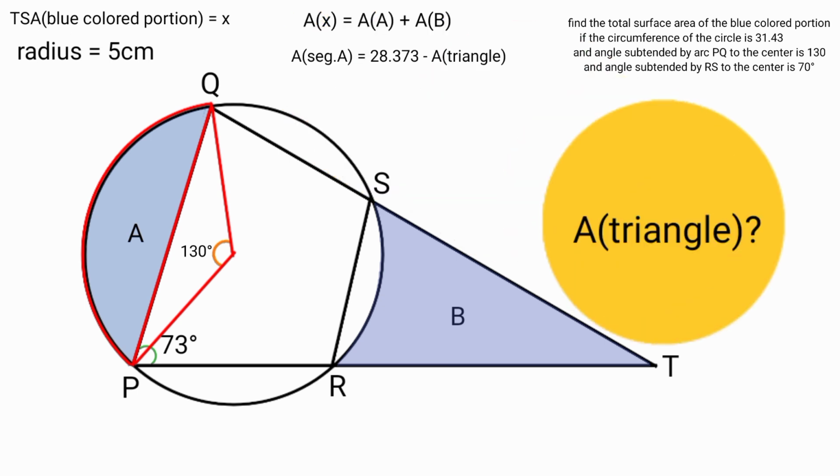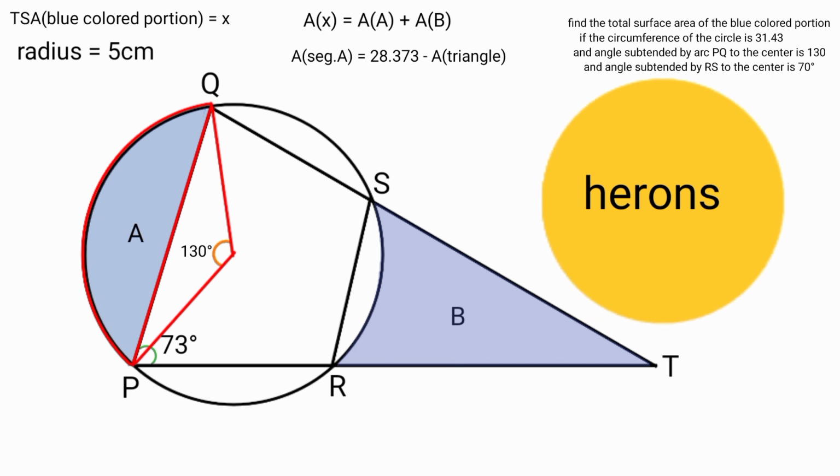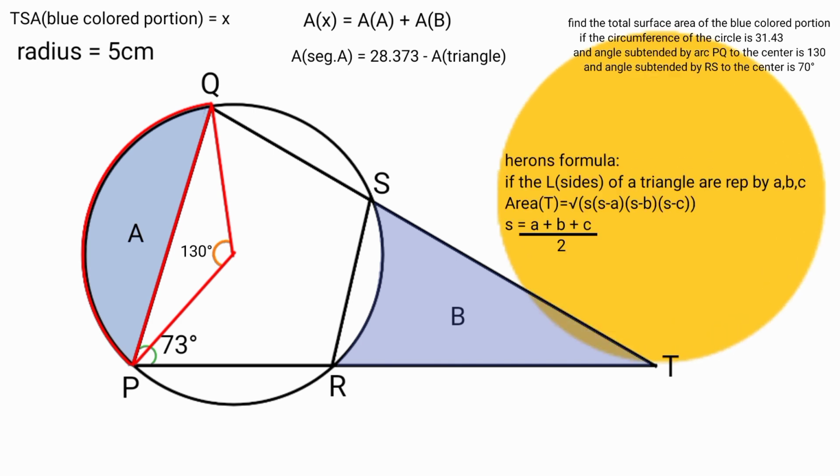To find the area of the triangle, we can use Heron's formula. By Heron, if the sides of a triangle are A, B, and C, then the area of the triangle equals the square root of S(S minus A)(S minus B)(S minus C), where S equals A plus B plus C all over 2.